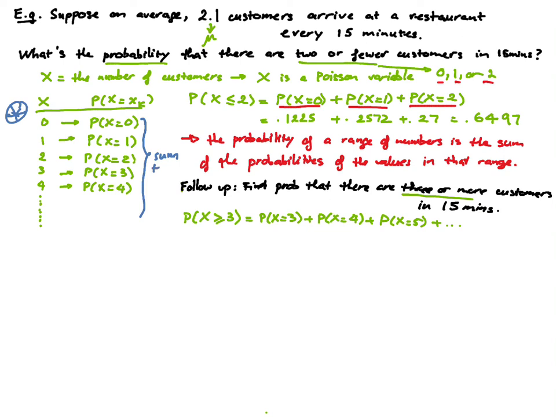So they sum to 1. Okay? But then what are we interested in? We're interested in the probability that x is greater than or equal to 3, which means that we're interested in the sum of the numbers in the box. Okay?